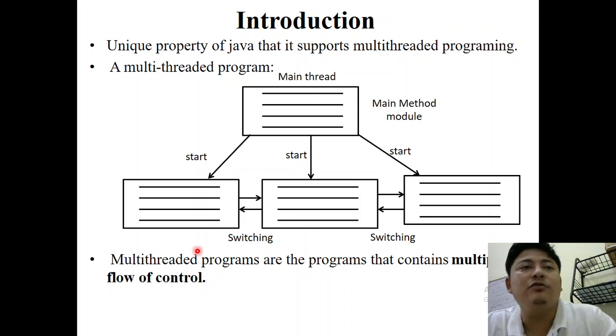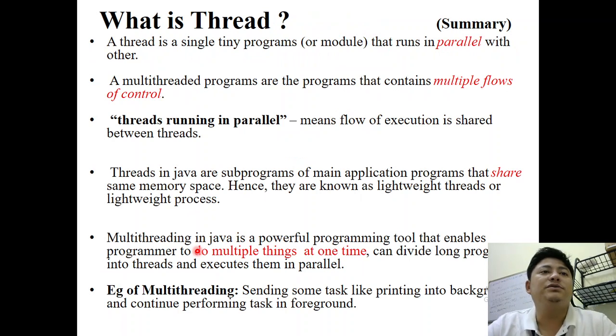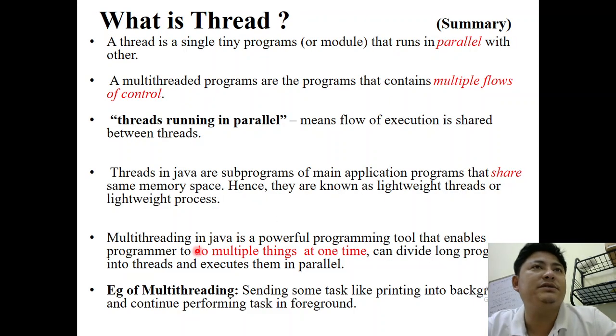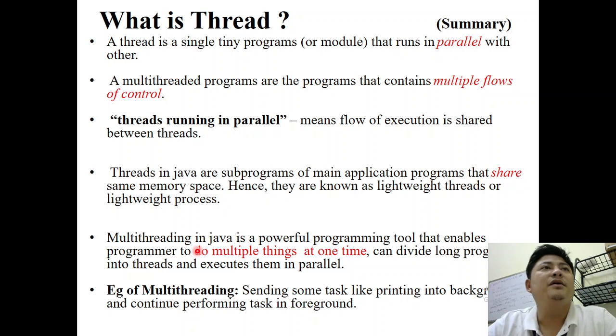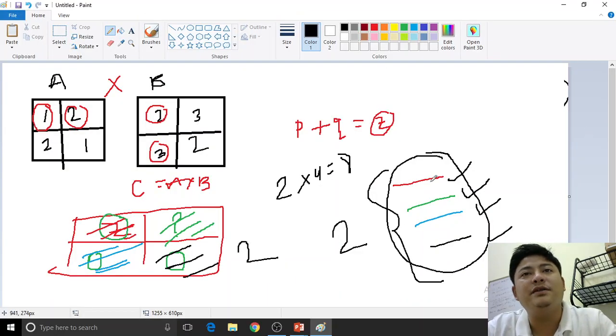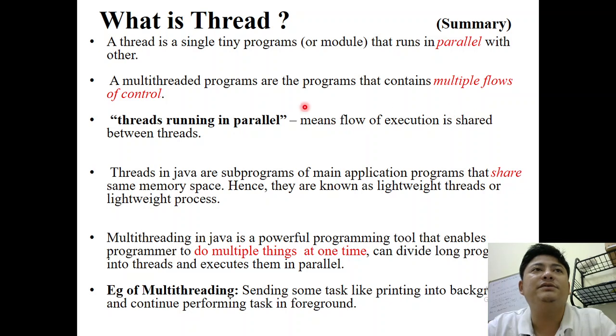So we'll deal with how to write a multi-threaded program. First of all, we'll try to understand what a thread is. A thread is basically a lightweight process, a small tiny program or module that runs in parallel with other threads, not other programs, just like the red, green, blue, and black color threads I showed for these four cells.